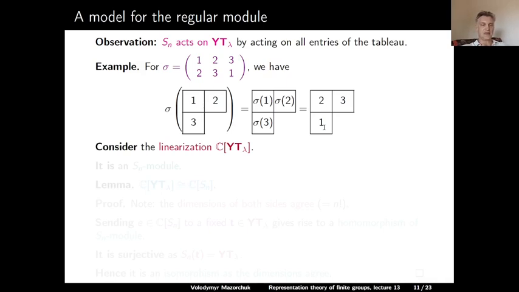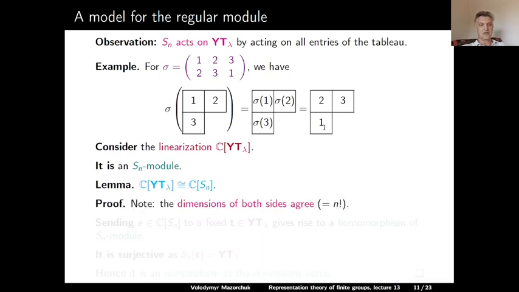So Sn acts on YT sub lambda, so we can consider the linearization of this. This is an Sn module. And the claim is that this Sn module is isomorphic to the regular Sn module. We have just discussed that the dimensions of both this module, which we just constructed, and the regular module are equal to n factorial, so they agree. If we send the identity element from the regular module to any element of any module, this extends to a homomorphism.